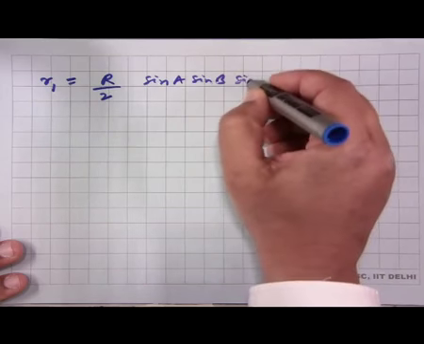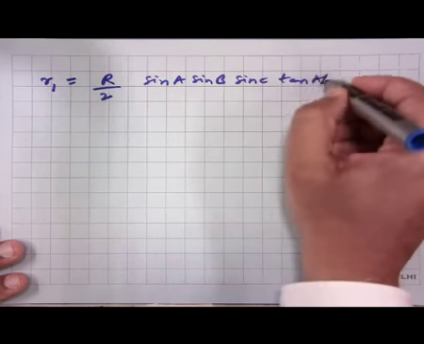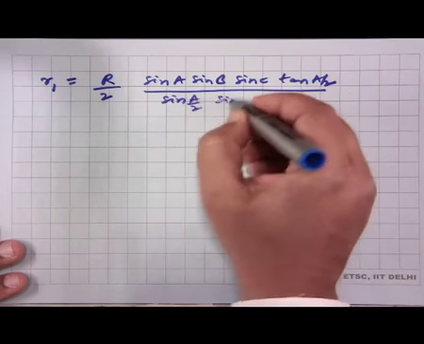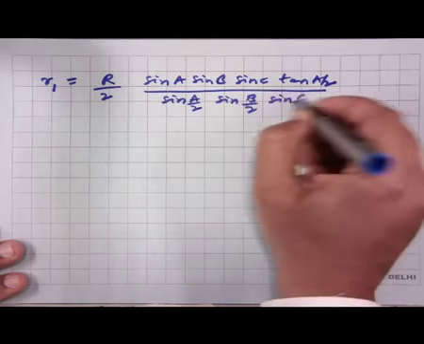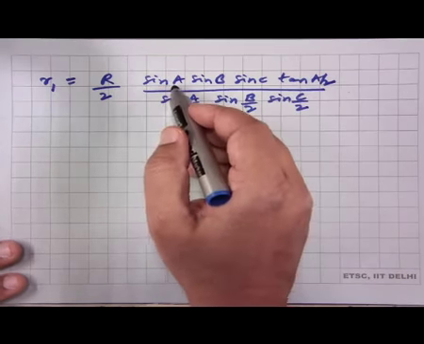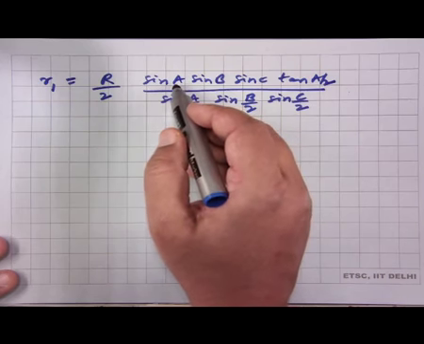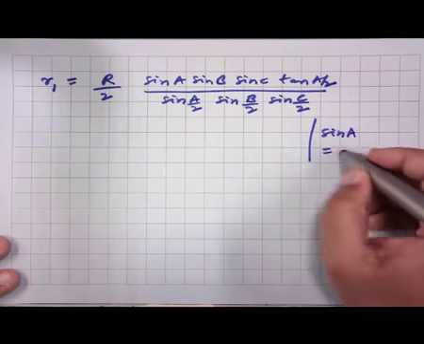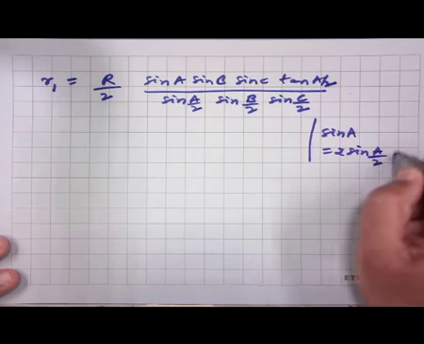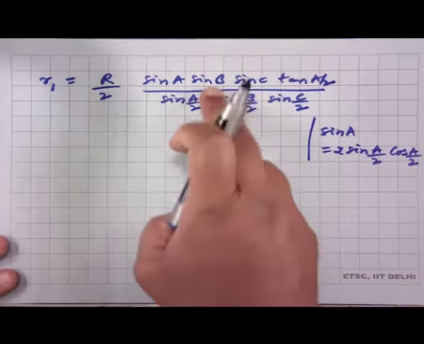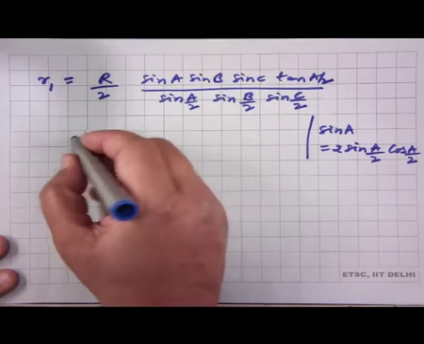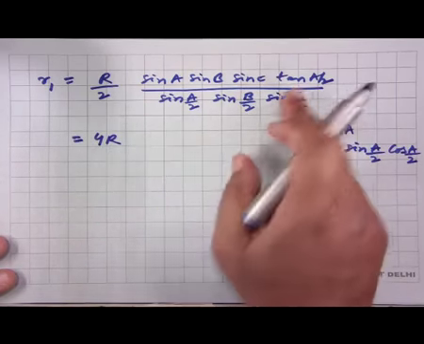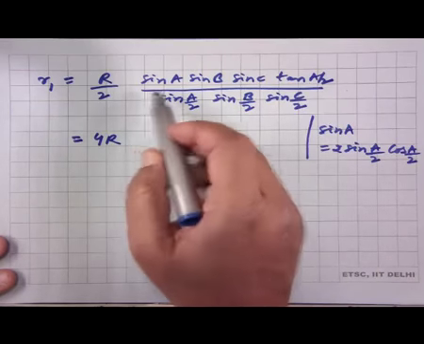So, rewriting the expressions from the previous slide. And then of course, we use the formula that sin A is nothing but 2 times sin A/2 times cos A/2, and similarly for sin B and sin C. What we will ultimately end up getting is R1 equal to 4R times, this is going to give us 2.